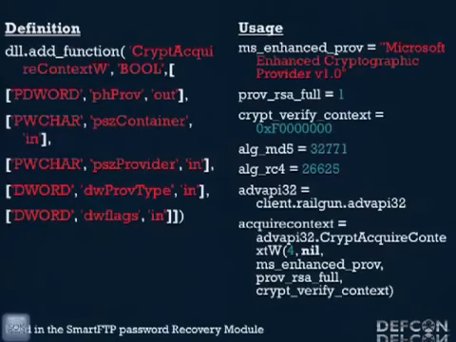Here's just an example that shows some of those data types in use. You can see the definition on the side here. We've got a PDWORD, a pointer to a wide char, and some DWORDs in there. And if you look down at the acquire context call on the right, you can see that we pass in 4 for the out pointer to the DWORD.